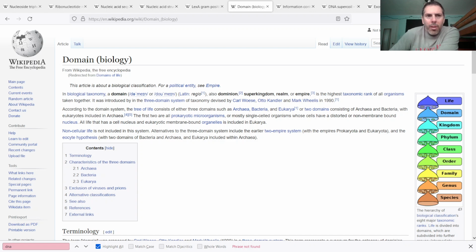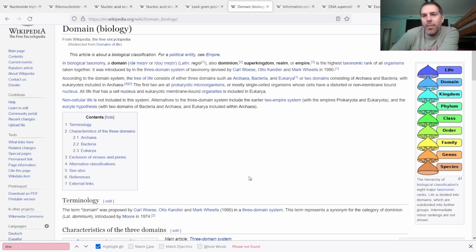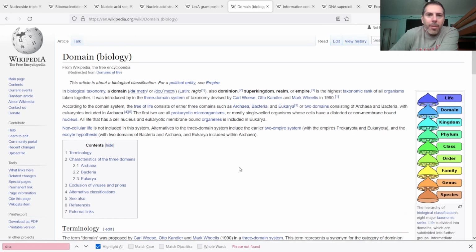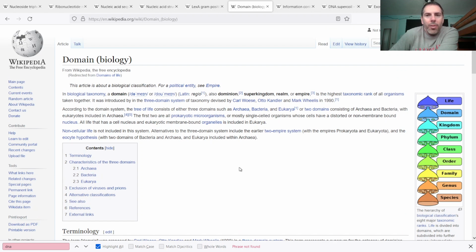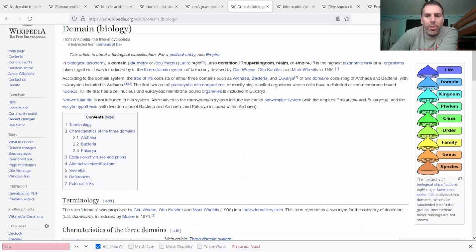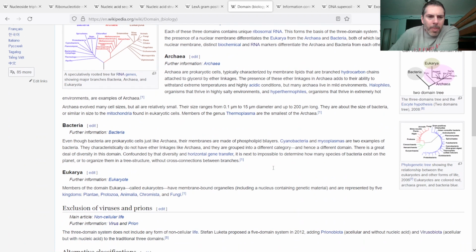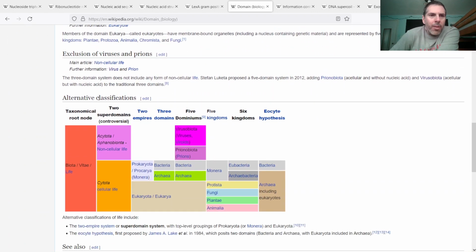So all the domains of life use DNA and RNA in various ways. It's a universal information storage or information transfer, going between DNA and RNA and performing functions. So there are alternative classifications of life. One possible classification is splitting it between cellular and non-cellular life.